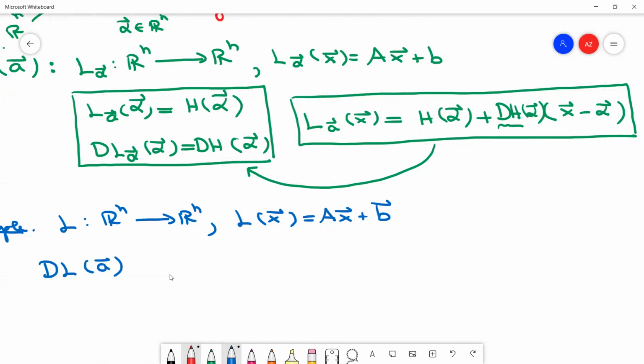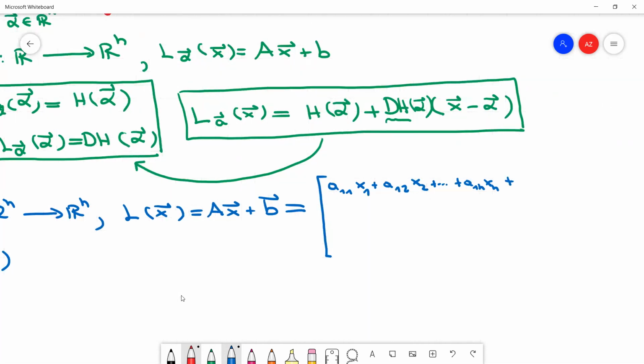So in the long form, this is just a11 x1 plus a12 x2 plus so on plus a1n xn plus b1, and the same for the other rows, up to an1 x1 plus an2 x2 plus so on plus ann xn plus bn.